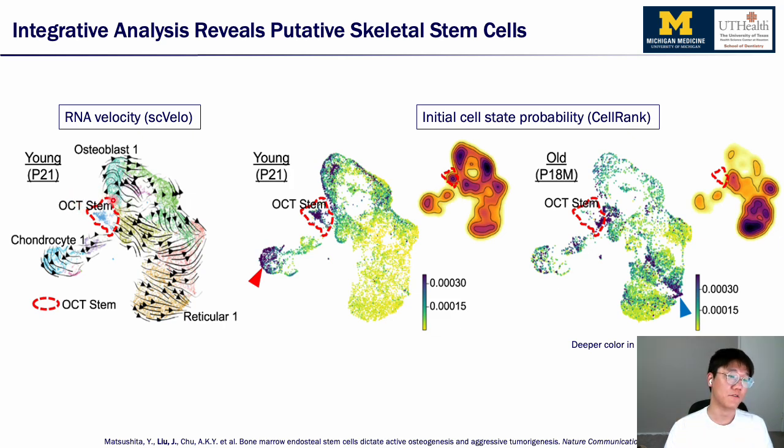You could see these arrows coming from this cluster pointing to the other clusters like osteoblasts and reticular cells, and the results from CellRank suggest a similar story. You could see this OCT stem cluster has a really high probability of being the initial cell state. And also on the density plot, we could see this specific cluster is enriched in the young bone but depleted in the old bone.